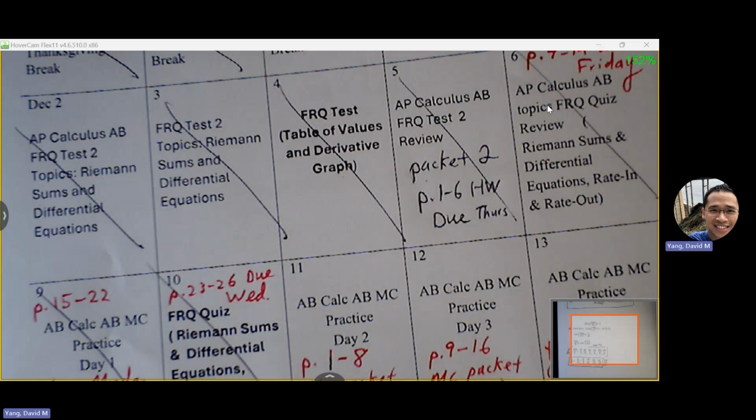What's the anti-derivative? What's the derivative?